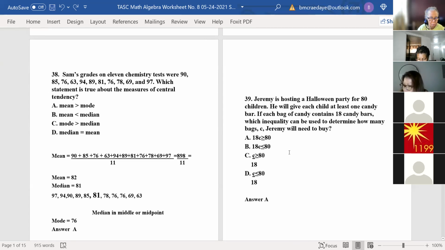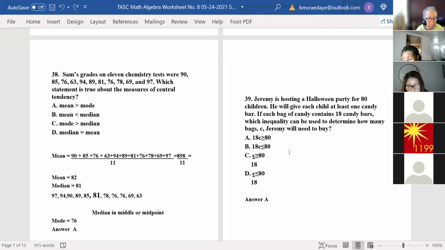Number 39. Just a minute. Halloween party, 80 children. Each one gets at least one candy bar. That means greater than or equal, right? It was 80 children, and one candy bar each. So I know it's a division.